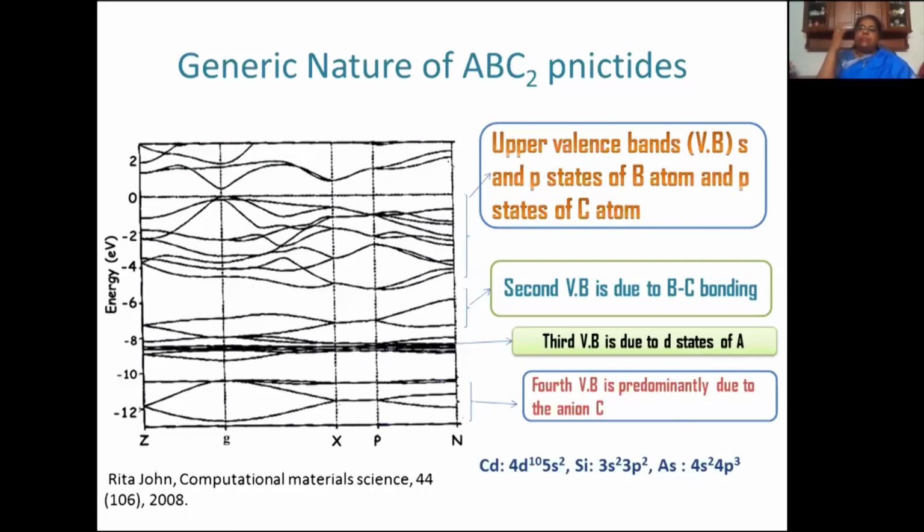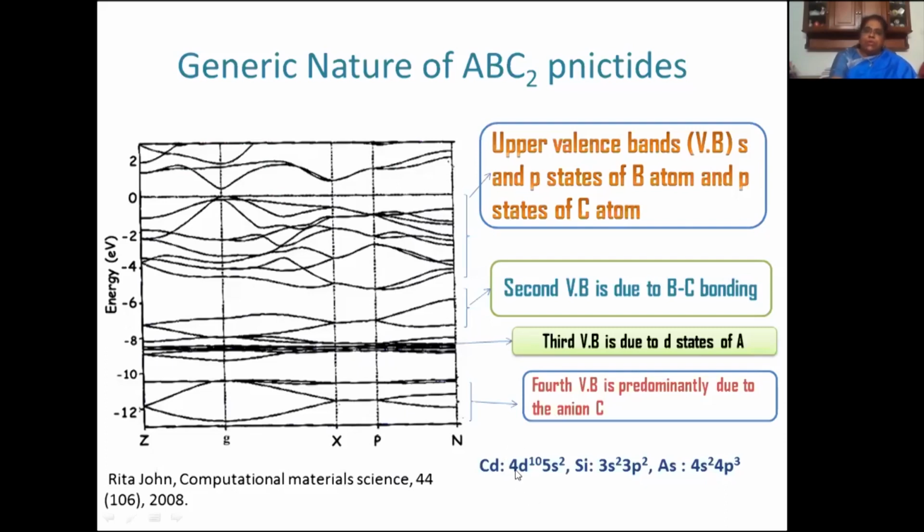Three atoms together form this ternary semiconducting compound, CdSiAs2. I'm not explaining the compound; I'm just asking you to look at the individual atoms forming it. So now Cd is a transition element.